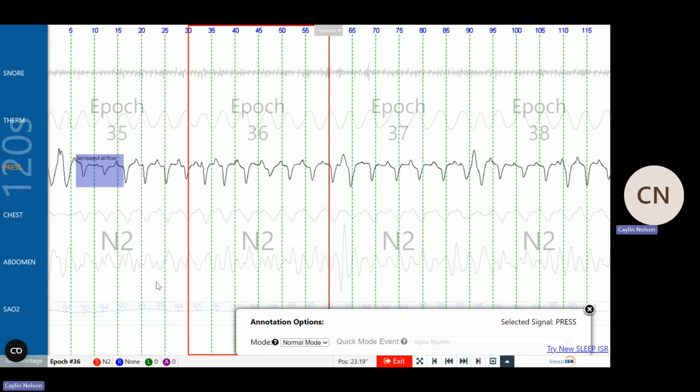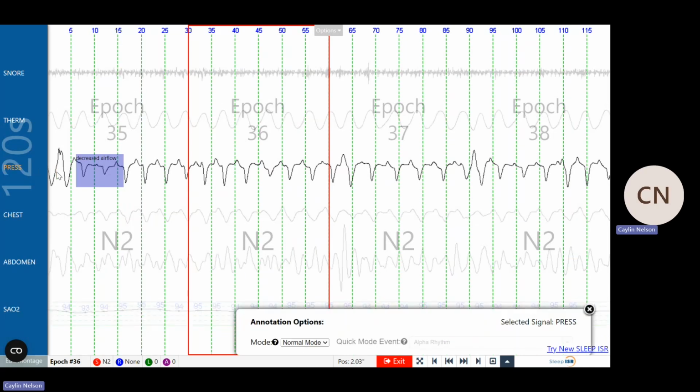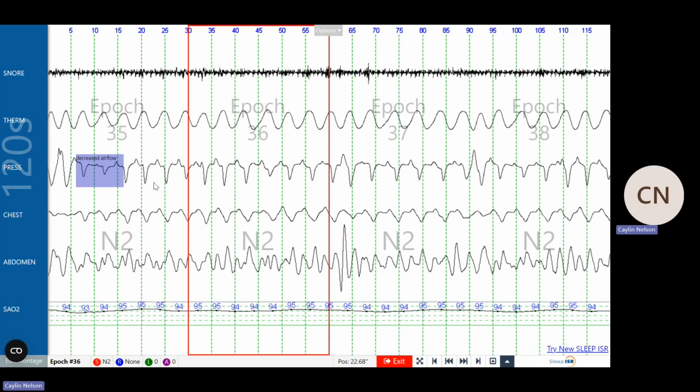And remember with that, I like to highlight that decreased airflow and then look down at the oxygen levels to see if there's any changes. So using the reference line, you can see that there's a big change when it comes to the decreased airflow within those seconds. And then you want to continue and look further ahead to see if you see any that are similar.